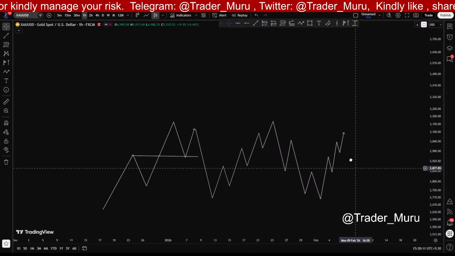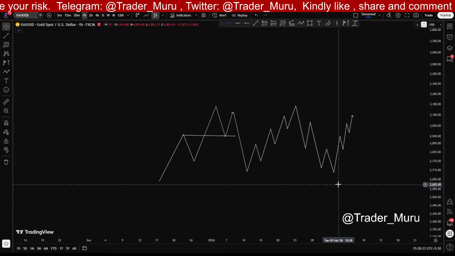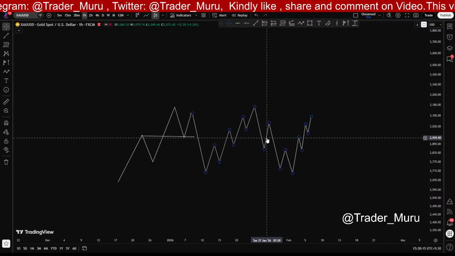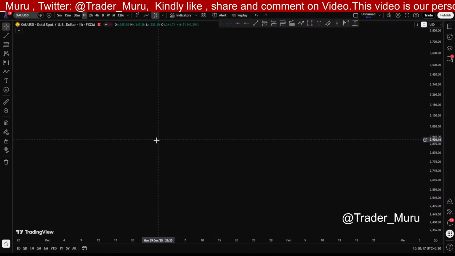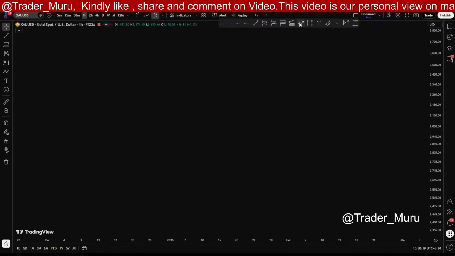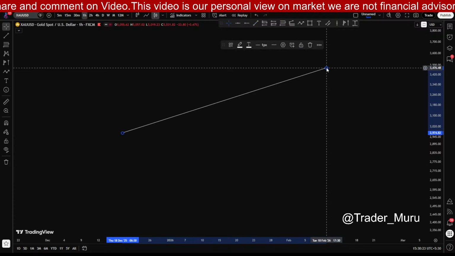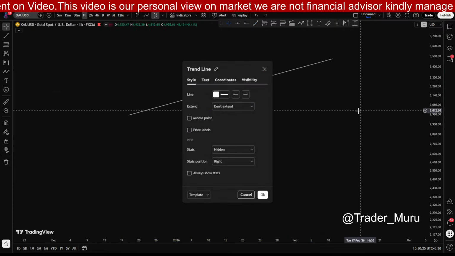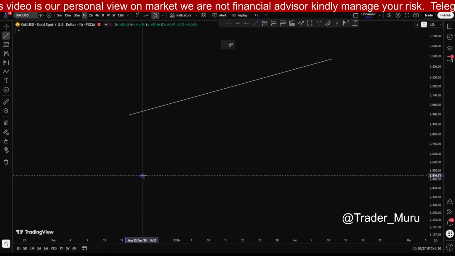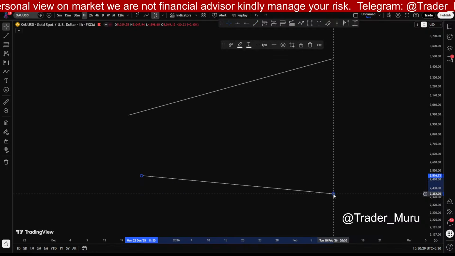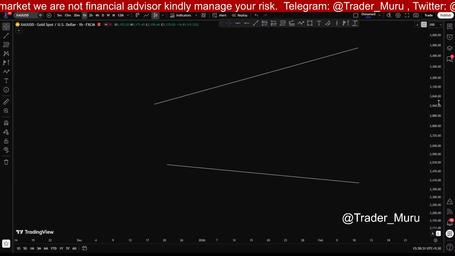Even a range is better, but if you are having liquidity patterns like a megaphone structure or a symmetrical triangle, it would be very hard to trade. If you are trading in a megaphone pattern, this is your upper trend line, this is your down trend line. What will happen in it?